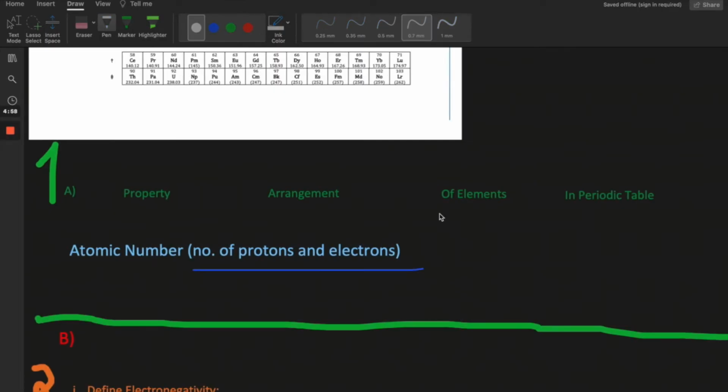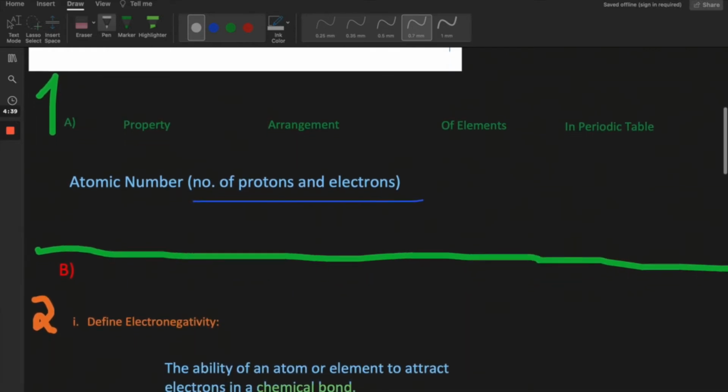Now, for the second part of the question, part B, which is divided into two parts. The first part, part I, is asking us to define the term electronegativity. Remember that defining terms are basically your 3 points in the exam. So what does electronegativity mean?